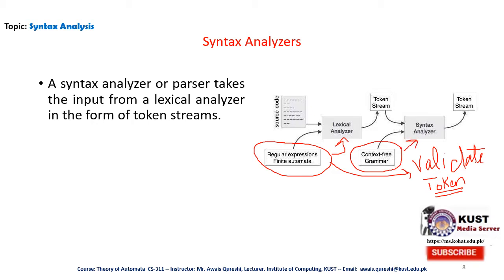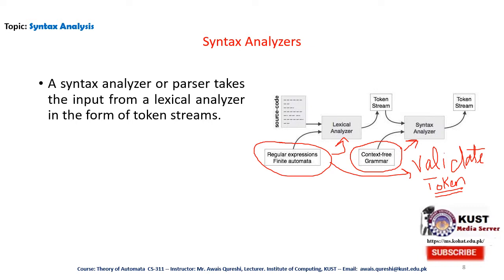When you want to check the syntax of a programming language, we will use a context-free grammar. So the output of the lexical analyzer is the token, and the input to the syntax analyzer is also a token. So the output of one phase is an input to another phase, and so on.